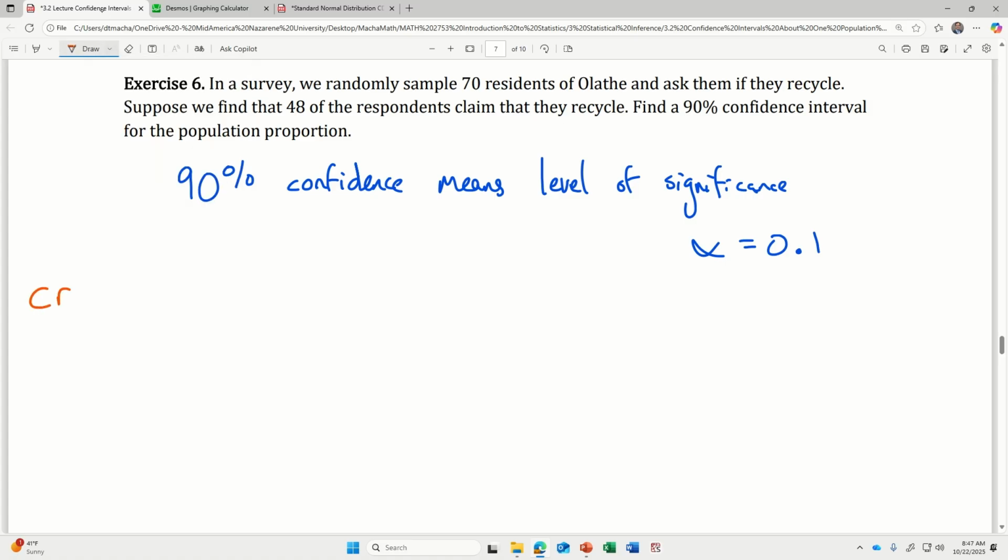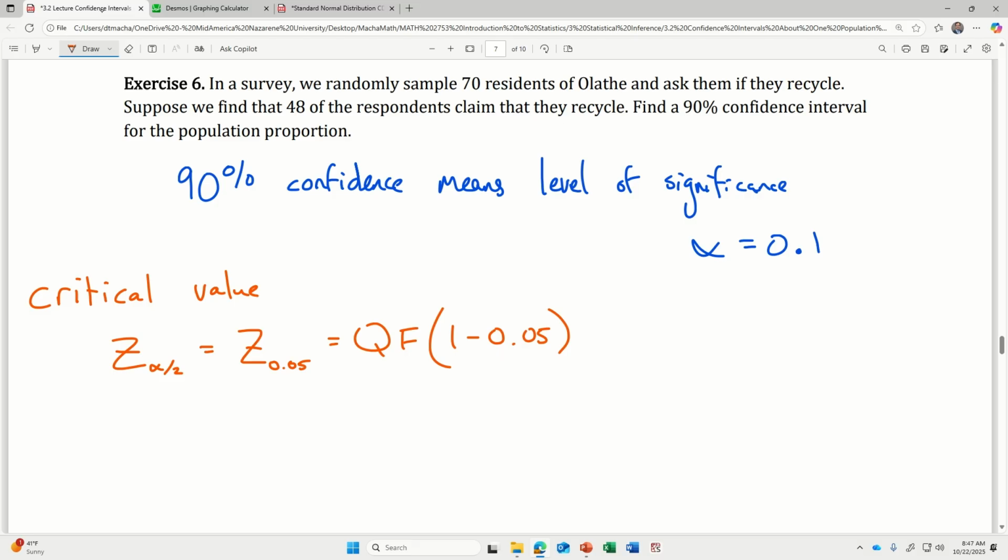Then the critical value is going to be z with a little subscript alpha over 2, which is z with a subscript 0.05. That's what I get if I take the quantile function at 1 minus 0.05, because it's 1 minus alpha over 2. So that's the quantile function evaluated at 0.95.